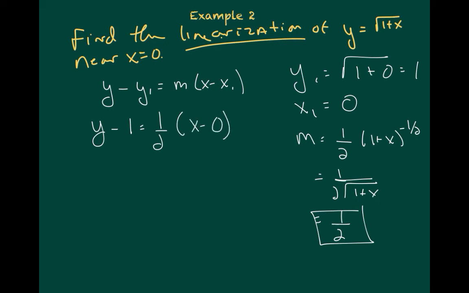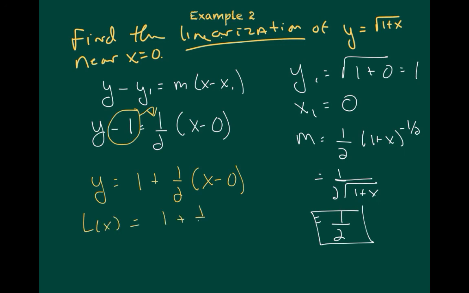But as we convert that into the linearization, once again, we're going to move this 1 to the other side. So we get y equals 1 plus 1/2 times x minus 0. And you might see that called, just as I've said, L of x equals 1 plus, and they might simplify this and just leave it as 1/2 x.